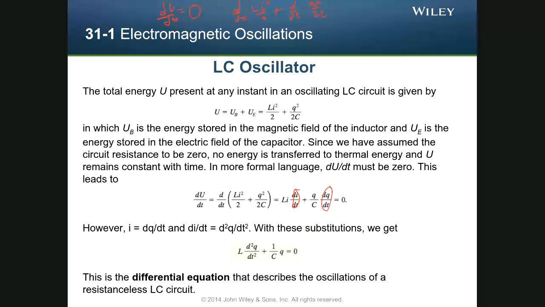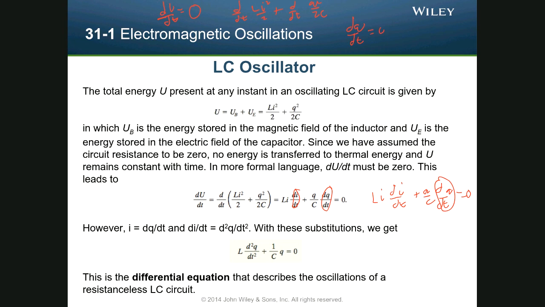Now, when you look at this equation, let's see what it becomes. You have Li di/dt plus q over C times dq/dt. But I want to point out something to you. One, this all equals 0, and two, remember dq/dt is equal to I, right?